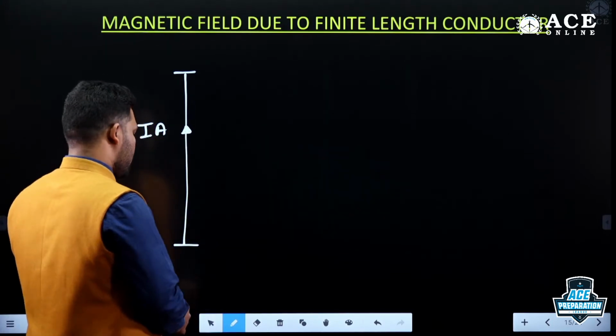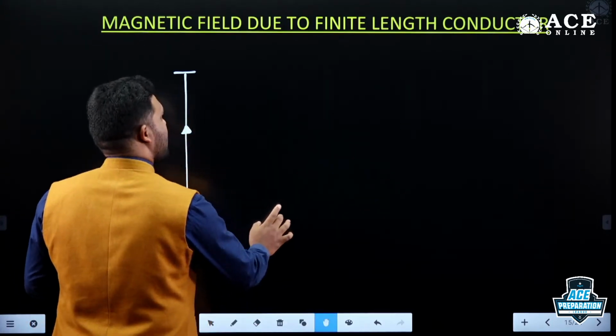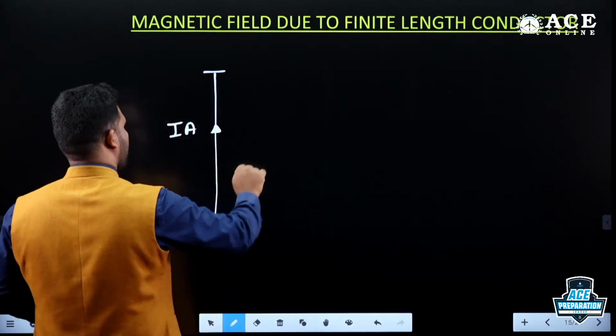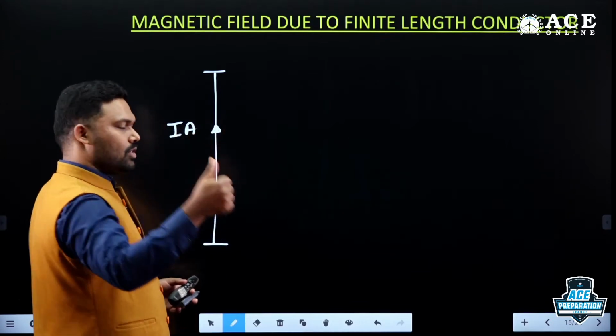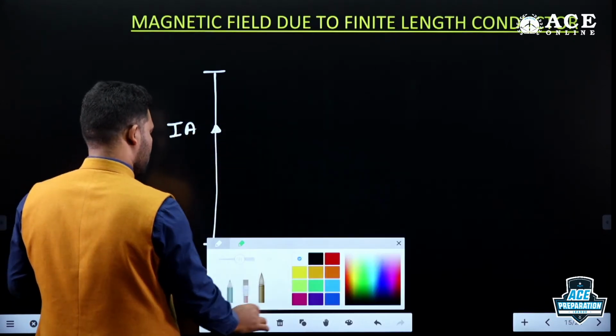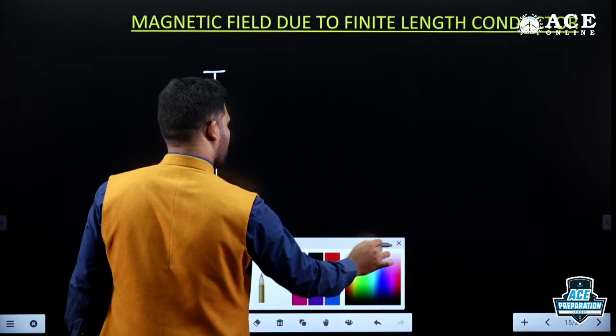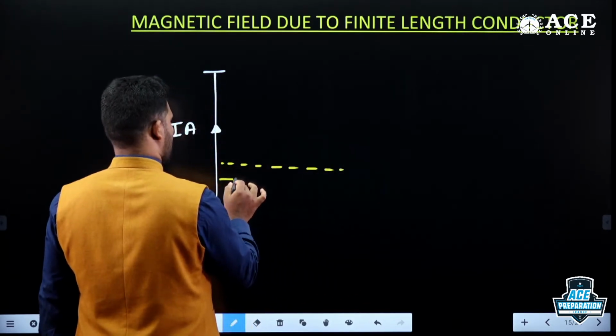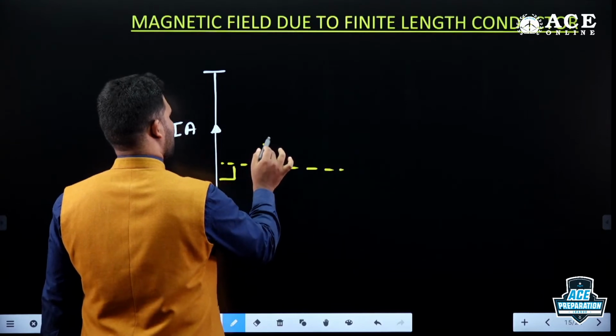From your basics you know that whenever current is flowing in this way, there is a magnetic field around it, given by the right hand thumb rule. But I want to find the magnetic field at a certain distance here. The distance here is rho.